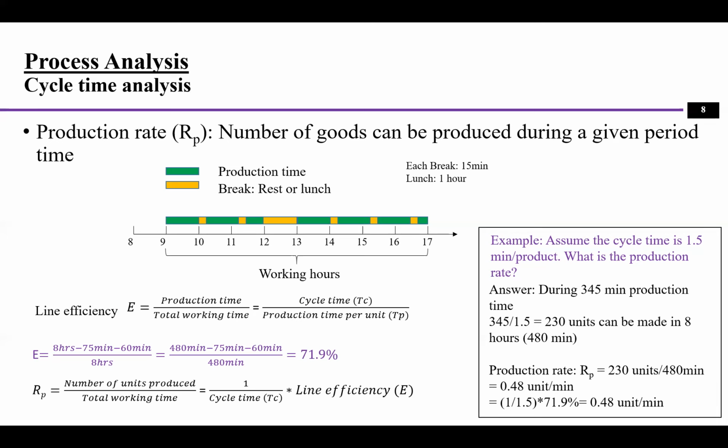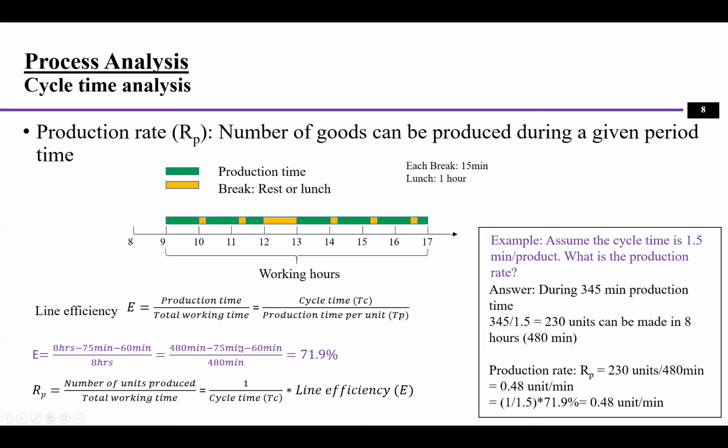If we use 1 divided by cycle time, what do we get? We get unit per time. So which means that during a certain time, how many units can be made, right?